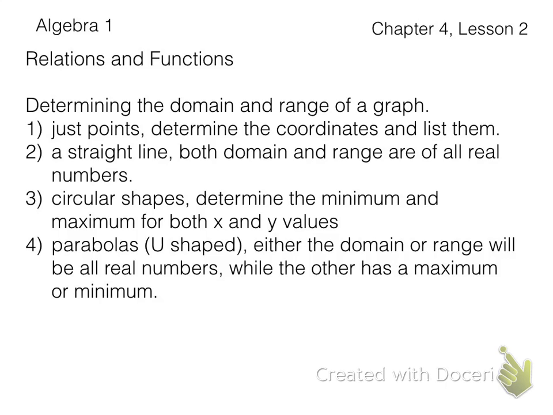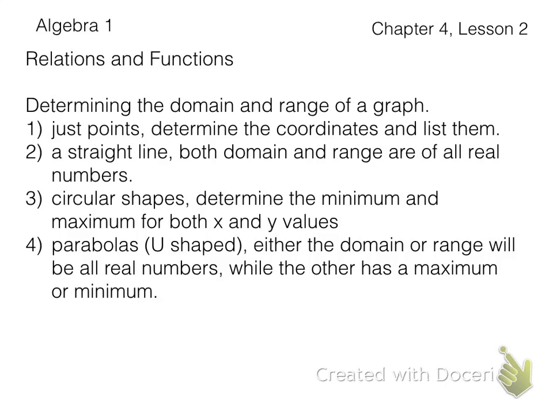Okay, now there are 4 different things that I'm going to have you determine the range and domain for on a graph. Some of them are really easy, some of them are going to involve a little bit more thought process, just bear with me, okay? And that's just points. Again, you can use a vertical line test, or you could write down the domain and range for all of the points and then do a mapping diagram, or you can make a chart to help you see if it is.